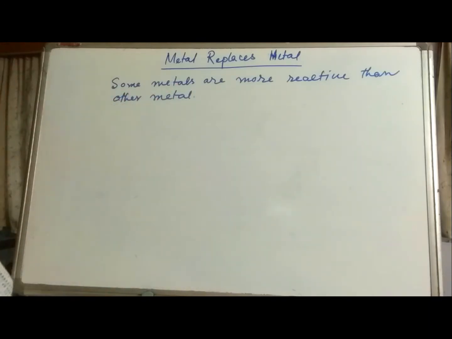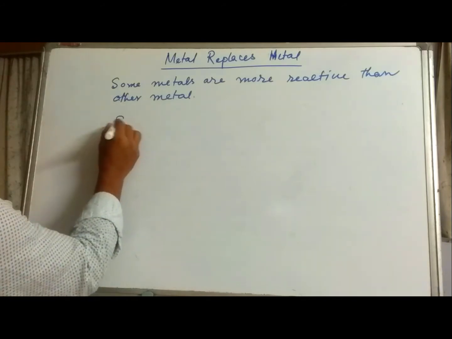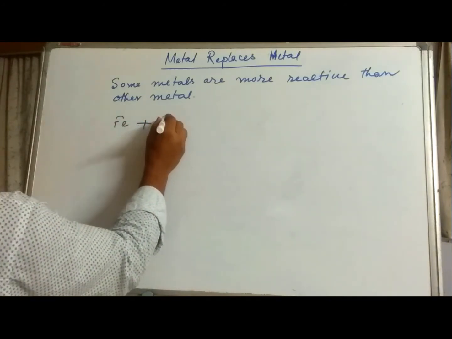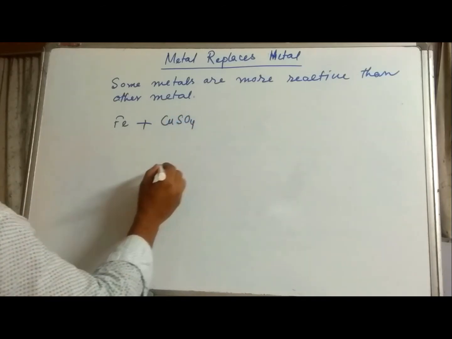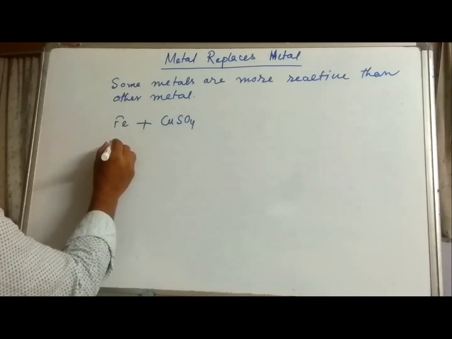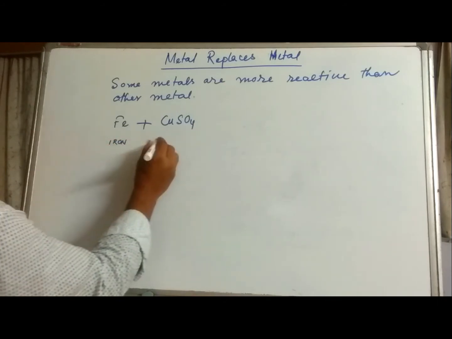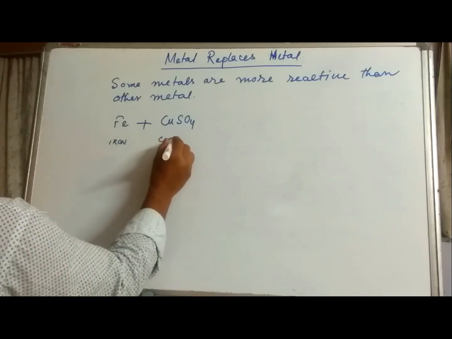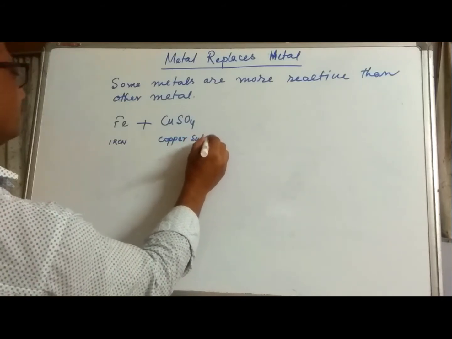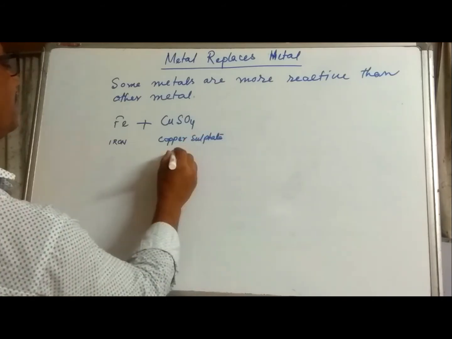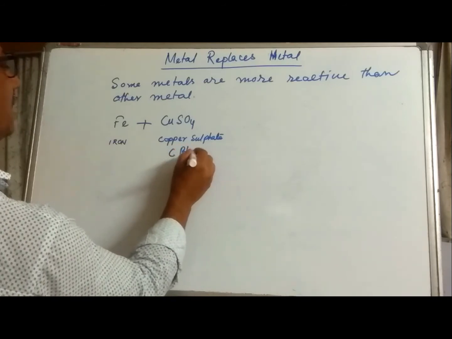For example, when iron is allowed to react with copper sulfate solution, it is blue in color.